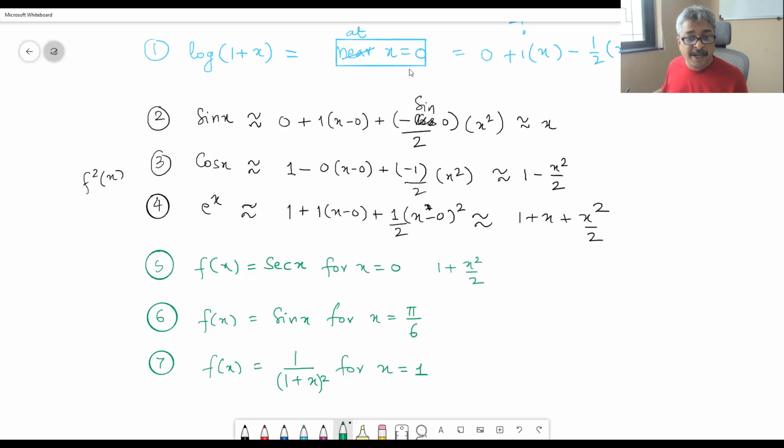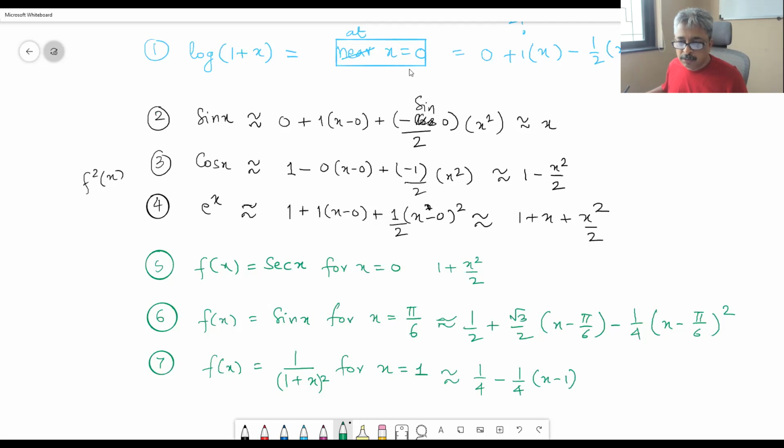Sin x near pi by 6 can be quadratically approximated as 1/2 plus root 3 by 2 into x minus pi by 6 minus 1/4 into x minus pi by 6 raised to 2, and 1 upon 1 plus x bracket square can be approximated near 1 as 1/4 minus 1/4 into x minus 1 plus 3 upon 16 x minus 1 bracket square.